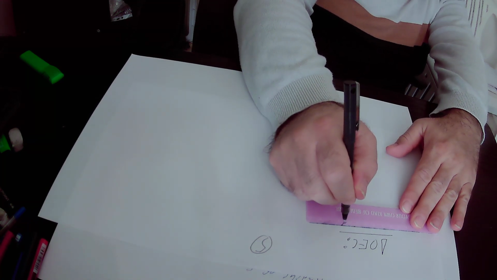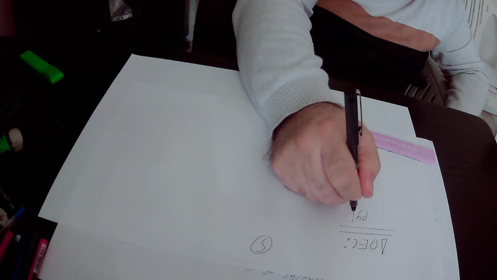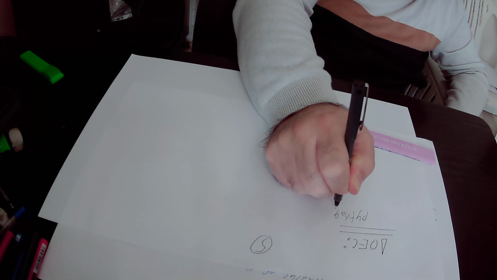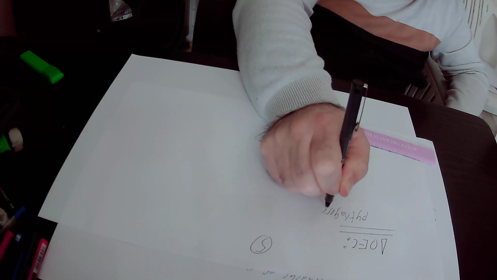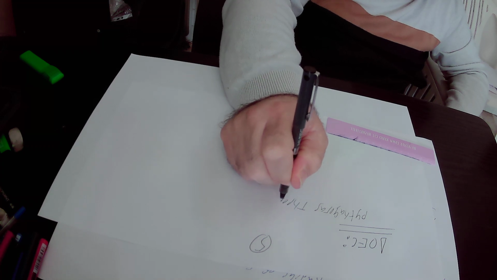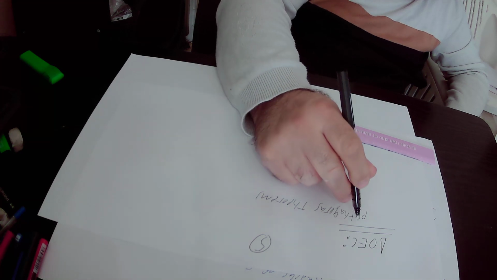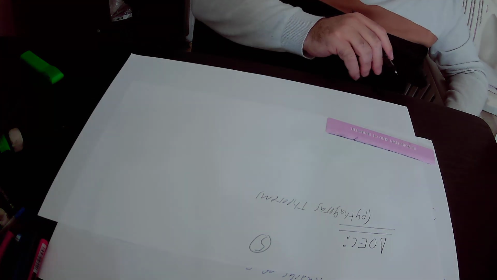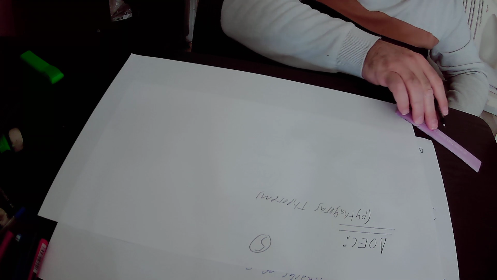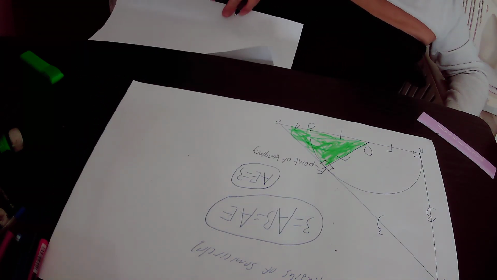it is a right triangle, therefore, according to the Pythagoras theorem, the square of the hypotenuse equals the sum of the squares of the perpendiculars.